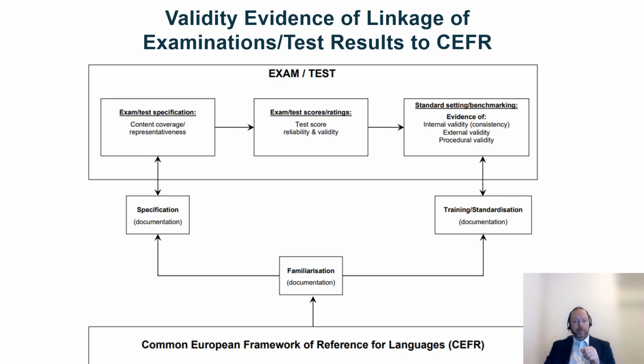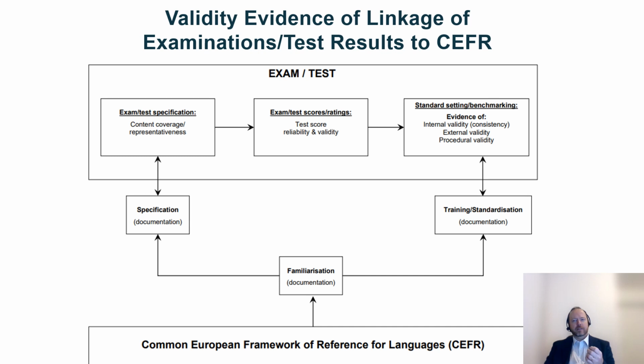Okay, let's move on to the meaty part of this, which is the standard setting, because this is really the crucial point in the process of linking an examination to the CFR, and because it establishes a decision rule to allocate students to one of the CFR levels on the basis of their performance in the examination.